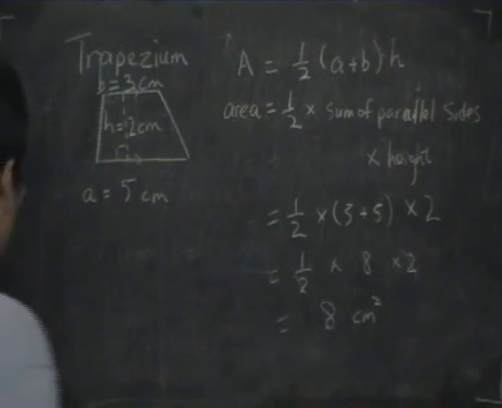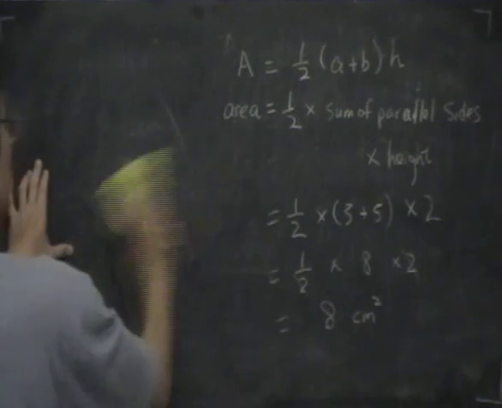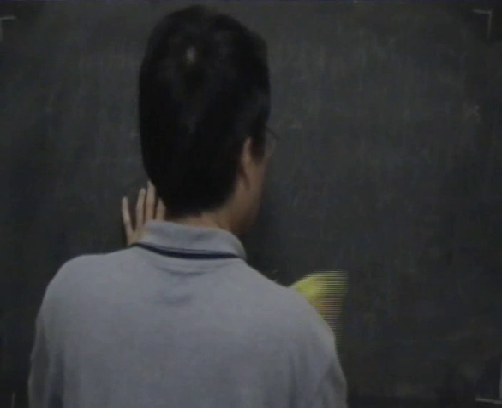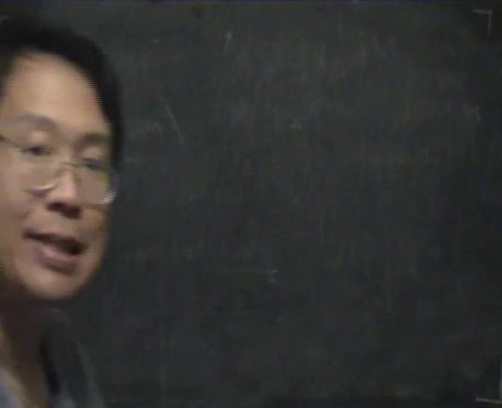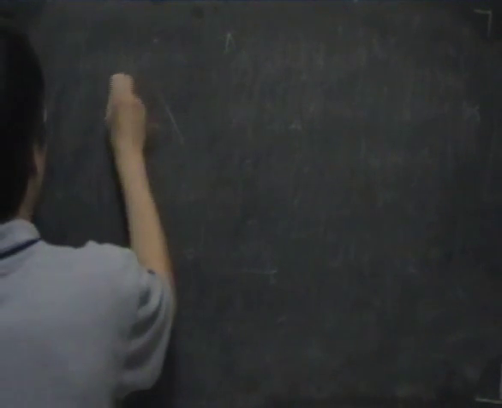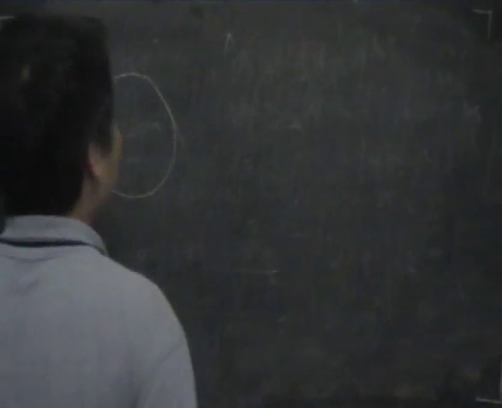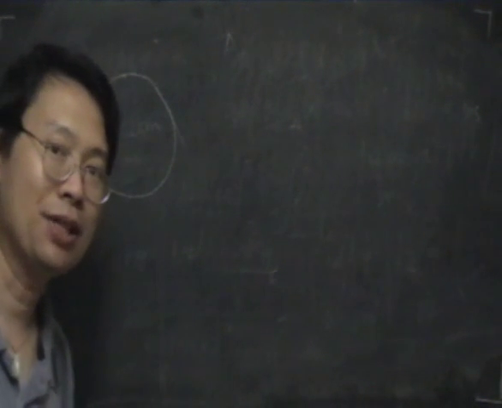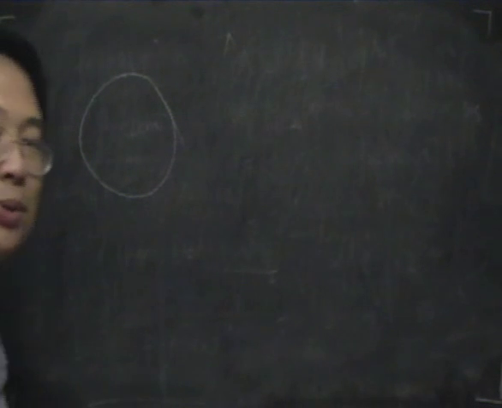Just moving on. Right, the next shape is a nice one. It's a circle. Okay, my circle is not very circular, but it's supposed to mean a circle.